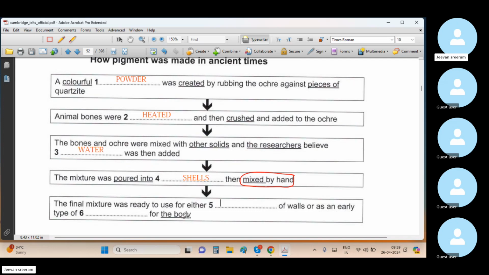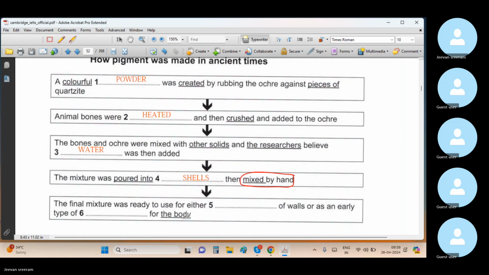So we have already learned the uses of the ochre mixture. It can be used to prepare pigments. And what are the other uses we have learned from the passage, from paragraphs 1 to 4?